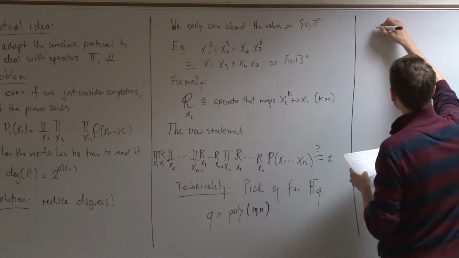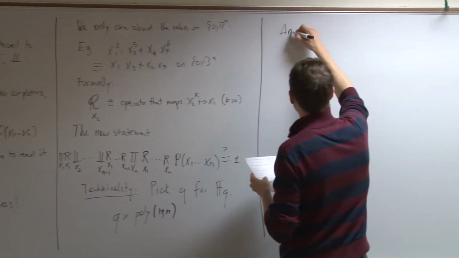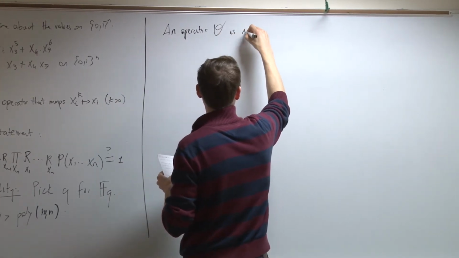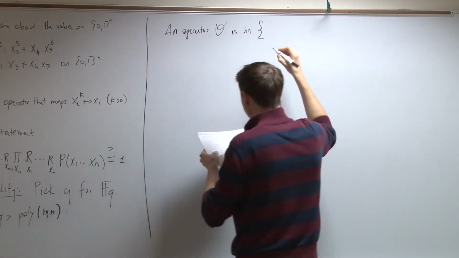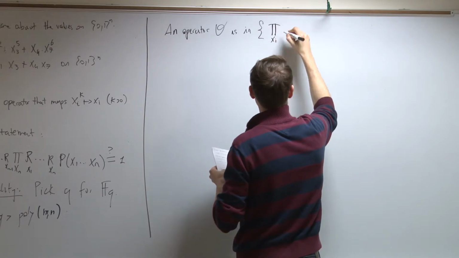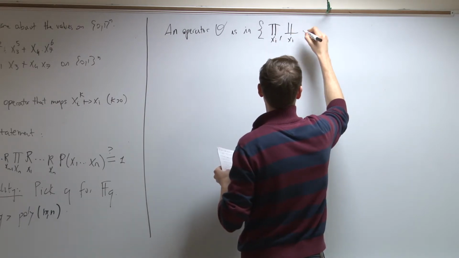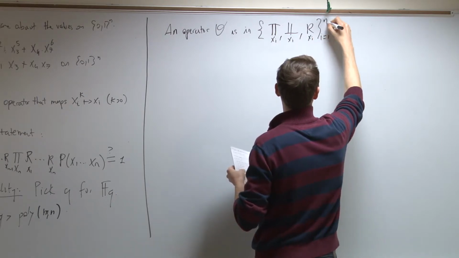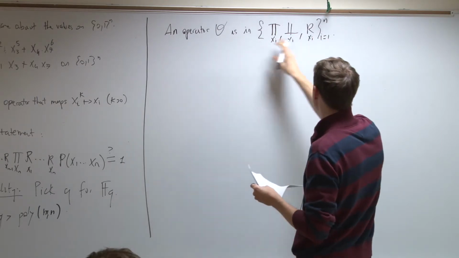So we're going to have an operator script O in the set: a product xi, anti-product xi, or reduction xi. So we're going to deal with operators that are one of these types.